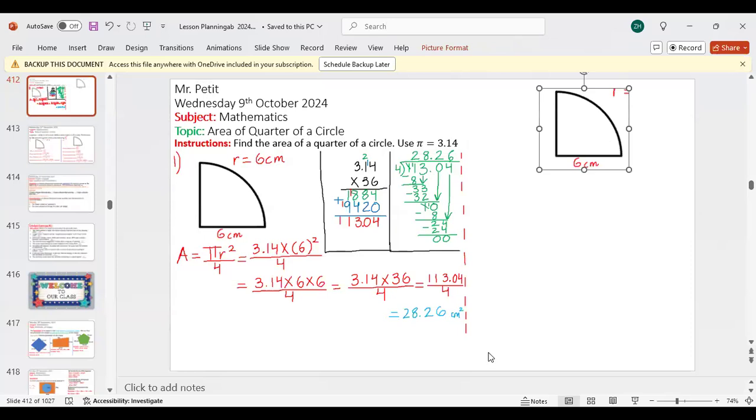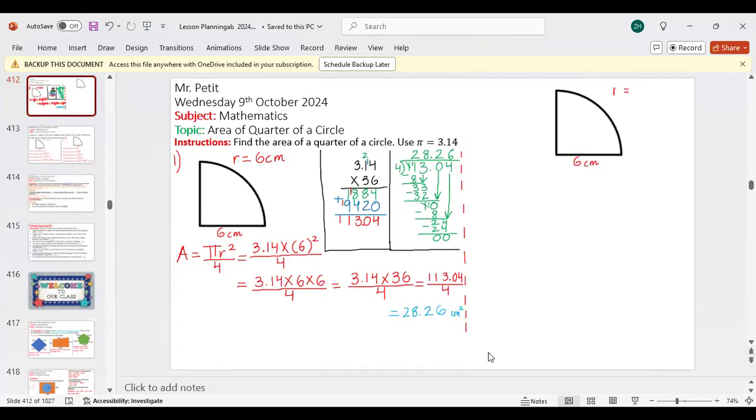Have y'all written the first one down? We have to write the second one as well.